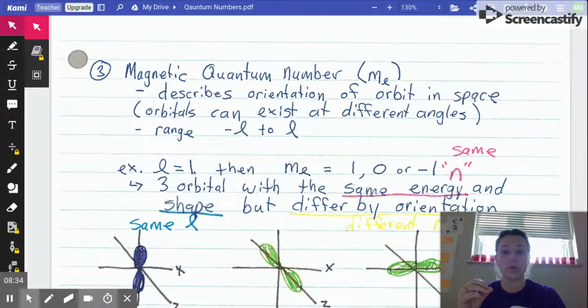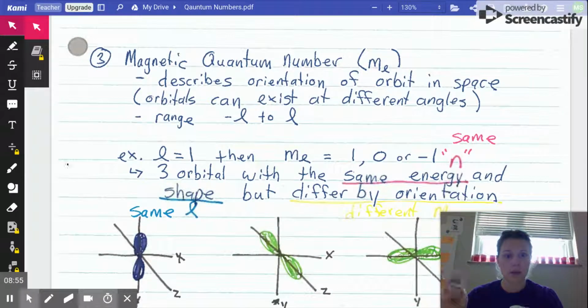So if L equals 1, then ML can be 1, 0, or minus 1. And it's important to remember that if L equals 1, then n had to equal 2. So these are all within the same distance from the nucleus.